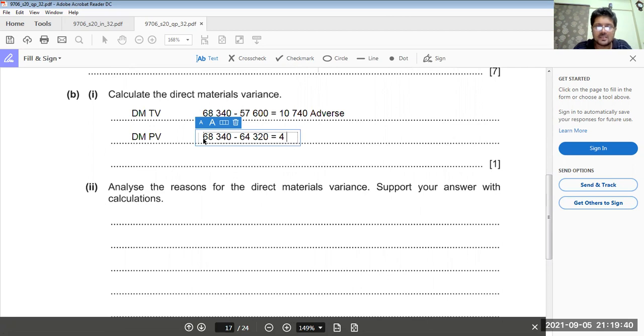So the total variance is 4,020, and this is adverse. Now, direct material usage variance. 7,200 total kilos, but we have used 8,040 kilos, a total of 840 extra kilos, multiplied by $8, the standard price, and this variance is 6,720 adverse. Now see, if you get the total of 4,020 and 6,720, you will get 10,740, the flex budget direct material variance.